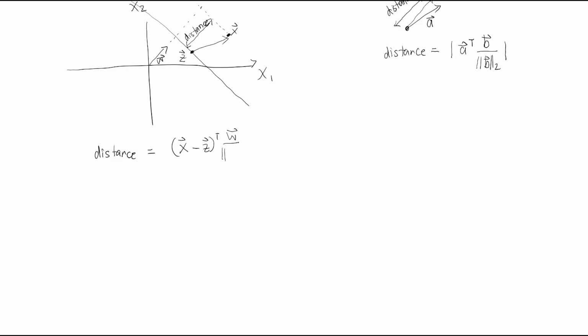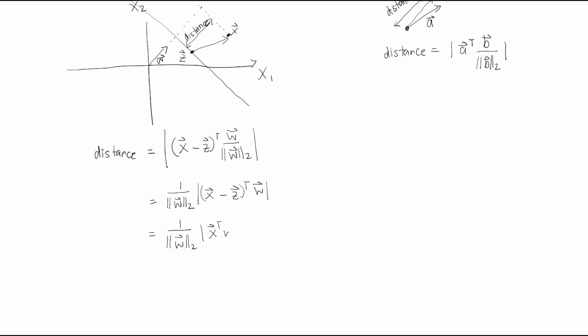So that's going to be w over the 2 norm of w, absolute value. Okay, and then we can simplify this a little bit. First of all, we're going to pull the 1 over 2 norm of w outside here. And then inside we have x minus z transpose w, absolute value.